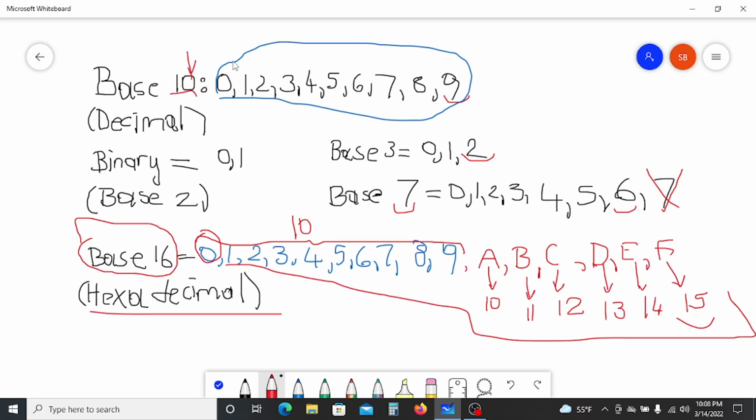Similarly, base 10 has 10 numbers: 1 through 9, 9 numbers, plus 0, is 10. Base 2 has 0 and 1, total 2 numbers. Base 3 has 0, 1, 2, 3 numbers.